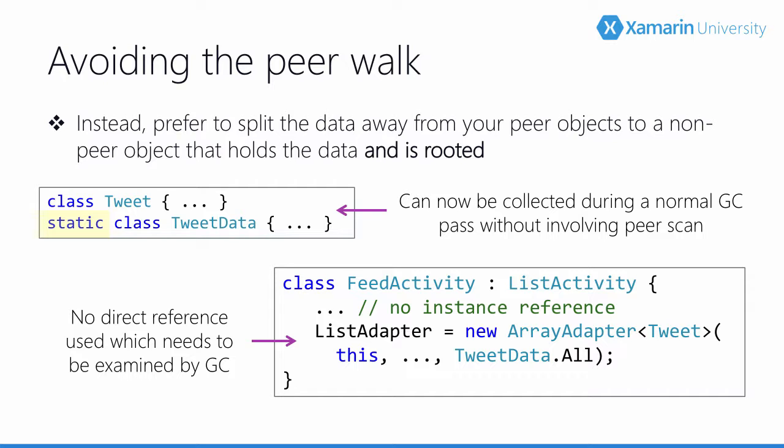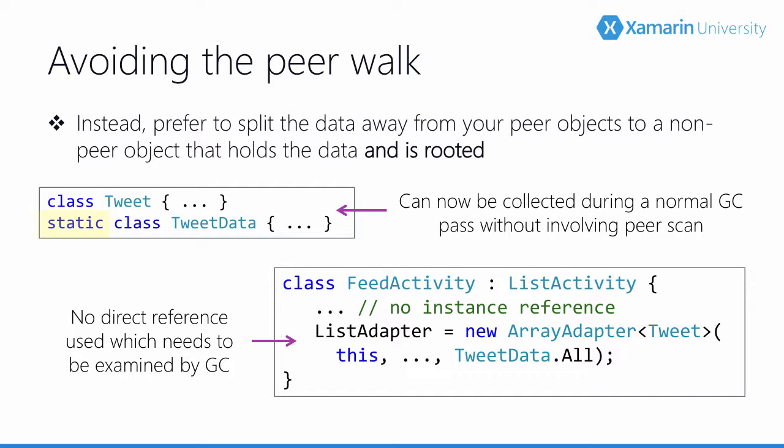Now, there's a couple of things that we can do in order to improve the performance of the Java walk. Here's one example. We can move the tweet data into another class. In other words, notice here we're moving tweet data to a static class. The static class is a managed class all by itself, and so it's what's going to hold on to our list of tweets. In our feed activity, we reference that static class.